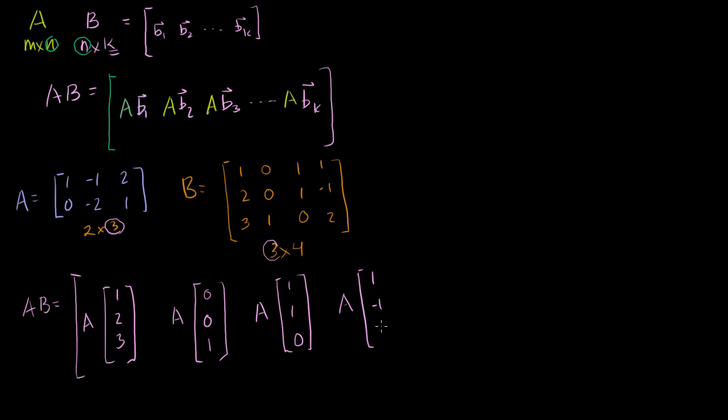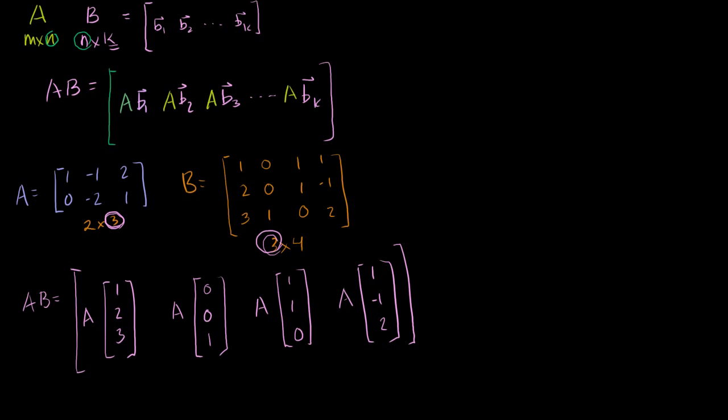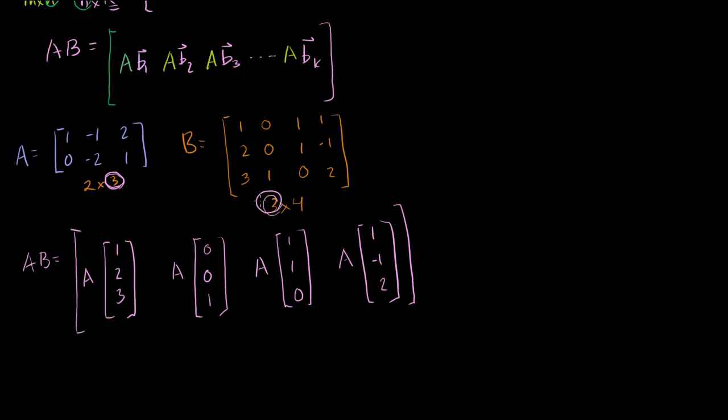1, minus 1, 2. And when we write it like this, it should be clear why the number of columns in A has to be the number of rows in B. Because the column vectors in B are going to have the same number of components as the number of rows in B. So if we call these B1, B2, B3, B4, all of my Bi's, where this i could be 1, 2, 3, or 4, are all members of R3.